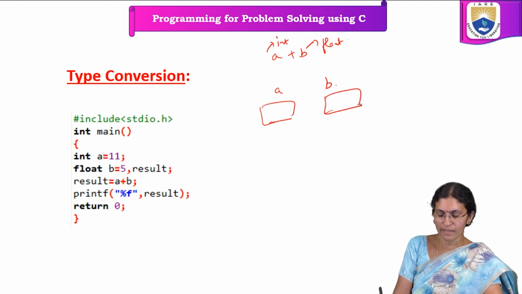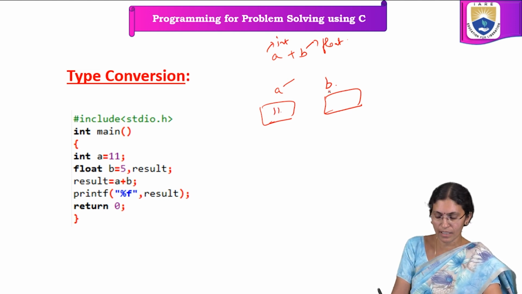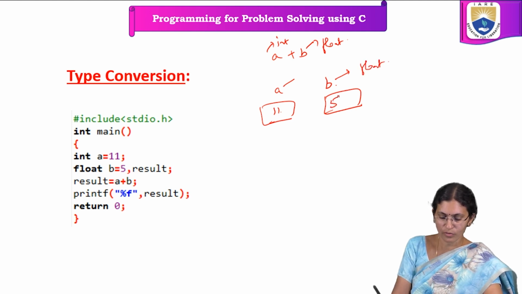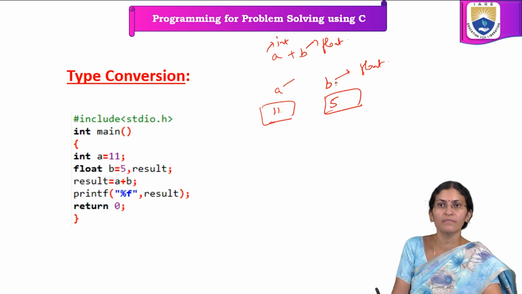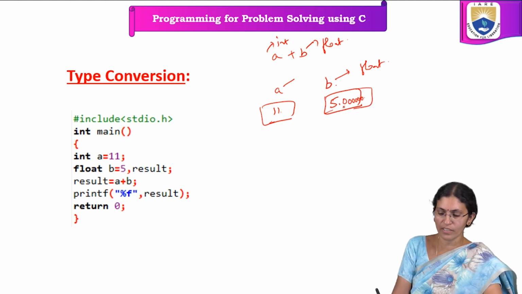One is declared as integer type and we have assigned a value of 11, and the other is declared as float type and we have assigned a value of 5. When a variable is declared as a float type, after the decimal you will have 6 decimal places, so it will be stored as 5.000 and so on.